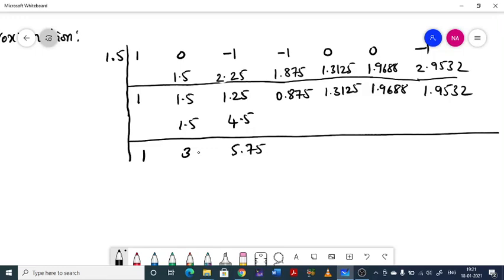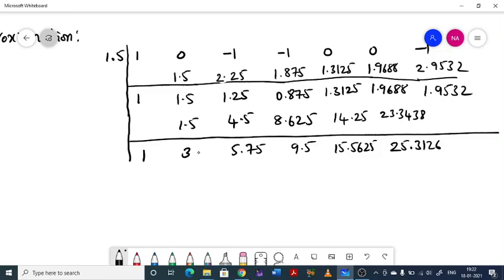Next multiplying factor will be 8.625, so adding 9.5, 9.5 into 1.5 that is 14.25, adding 15.5625, 15.5625 into 1.5, 23.3438, adding 25.3126. So this will be Bn, this will be Cn minus 1.